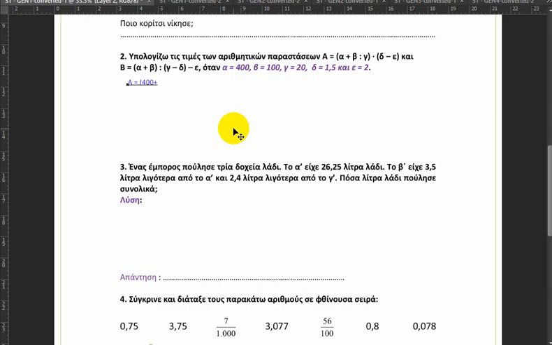400 plus 100 divided by 20, close the parentheses, times 0.5 minus 2. All right, this is in parentheses. And this is equal to 400 plus 5 times, this is correct, minus 0.5.